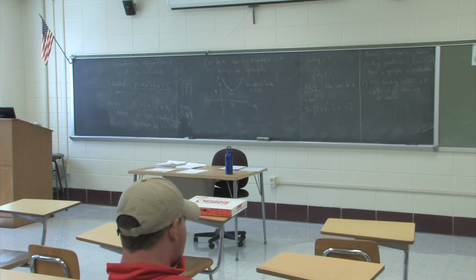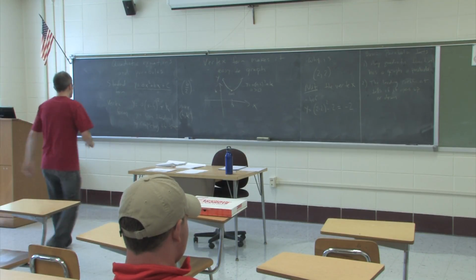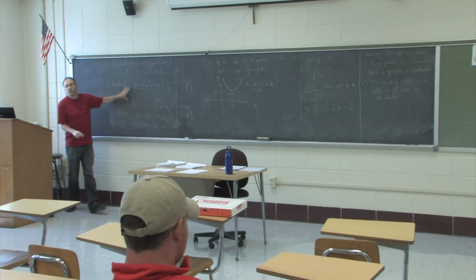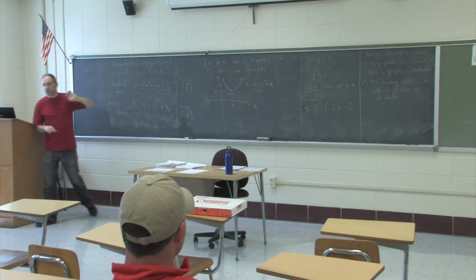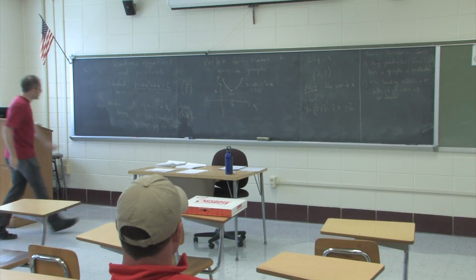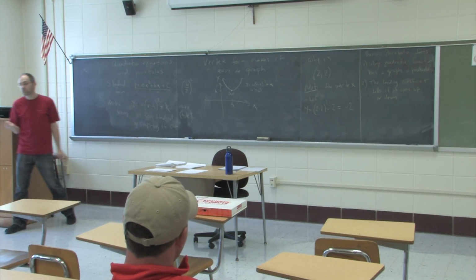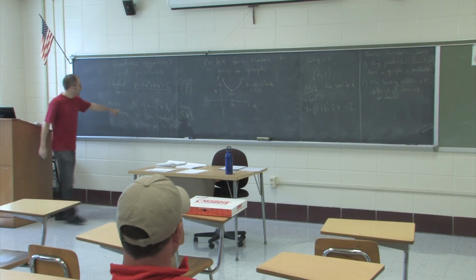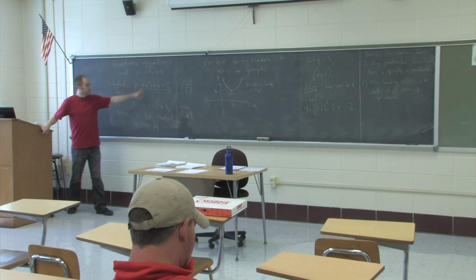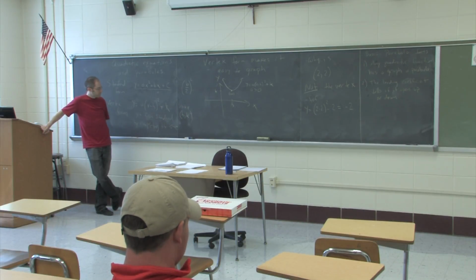We'd like to know the x-intercepts. The x-intercepts, right? There's no way to just read off the x-intercepts from either one of these. What do you have to do to get an x-intercept? Yeah, you have to set y equals 0 and then solve one of these two equations, right?